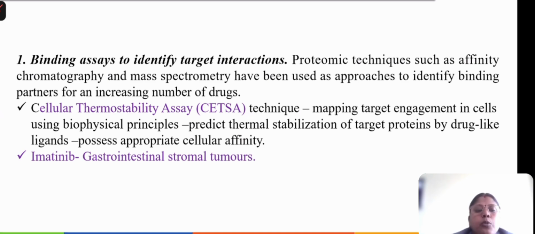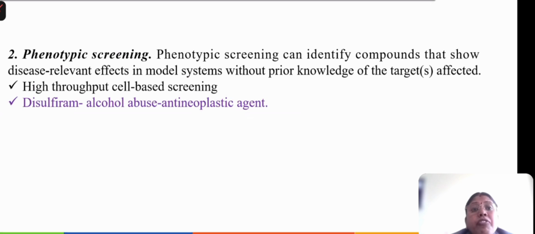Okay, then the cellular thermal stability assay, the CETSA technique, one such example is imatinib, which is used for gastrointestinal stromal tumors. And the second one is phenotypic screening, okay, high-throughput screening, and various in vitro and in vivo techniques. So these are all used to study disease-relevant effects in model systems without prior knowledge of the targets affected.